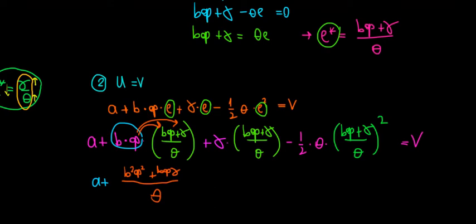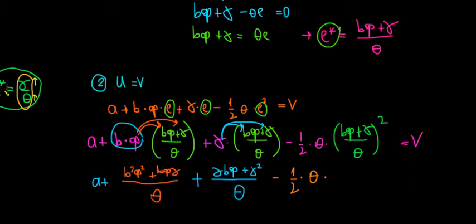Now we go to the next term, plus, and we do the same. Gamma times this term will be gamma B theta, and then gamma times gamma is plus gamma squared divided by theta. Then we go on. We have over here minus 1 over 2 times theta times.